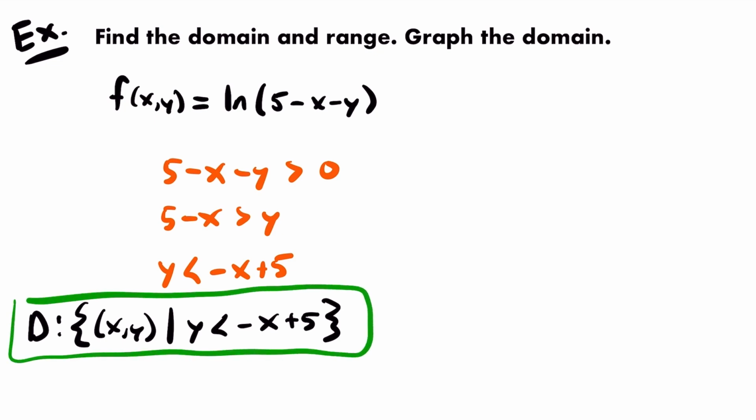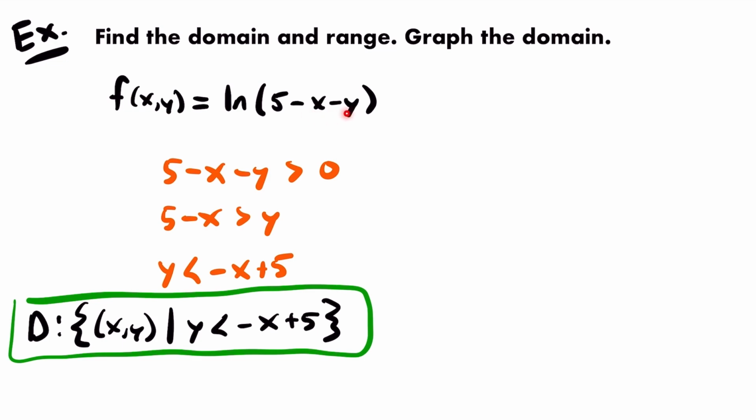But what about the range of this multivariable function? Well, there really is no restriction on that, because even though you can't input negative values into the natural log function, or you can't input 0 either, you still can get output values that are negative, and you can get an output of 0 from the natural log function. The natural log function has a range of all real numbers. And so the same is going to be true here.